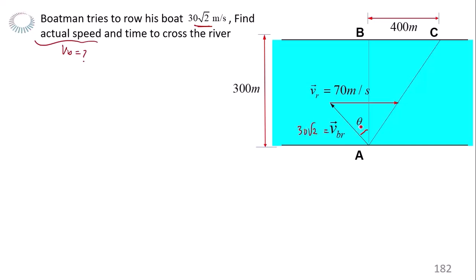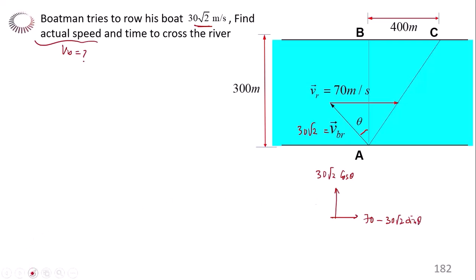But now the angle theta is not given. So what do I do? I know that the vertical component is 30√2 cos theta. The horizontal component should be 70 minus 30√2 sin theta.